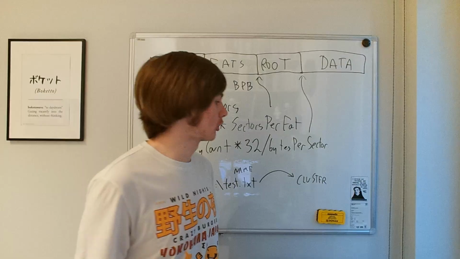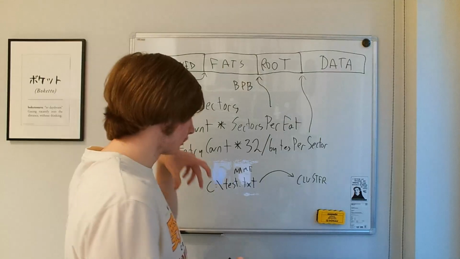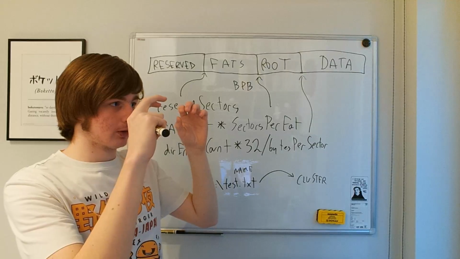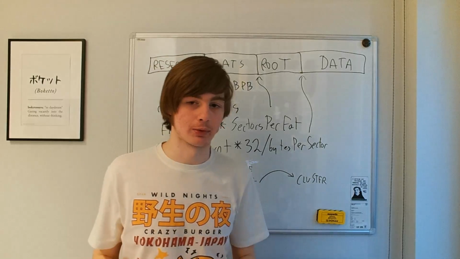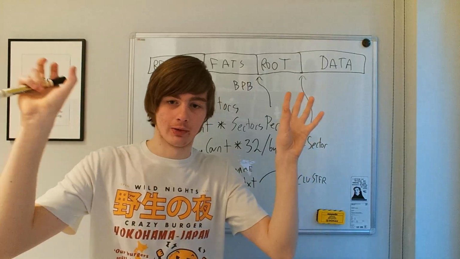Also, if you check the documentation, the fields of the root directory entry, you'll see that there are actually two fields, cluster low and cluster high, and those obviously represent the high 16 bits of a cluster ID and the low 16 bits.